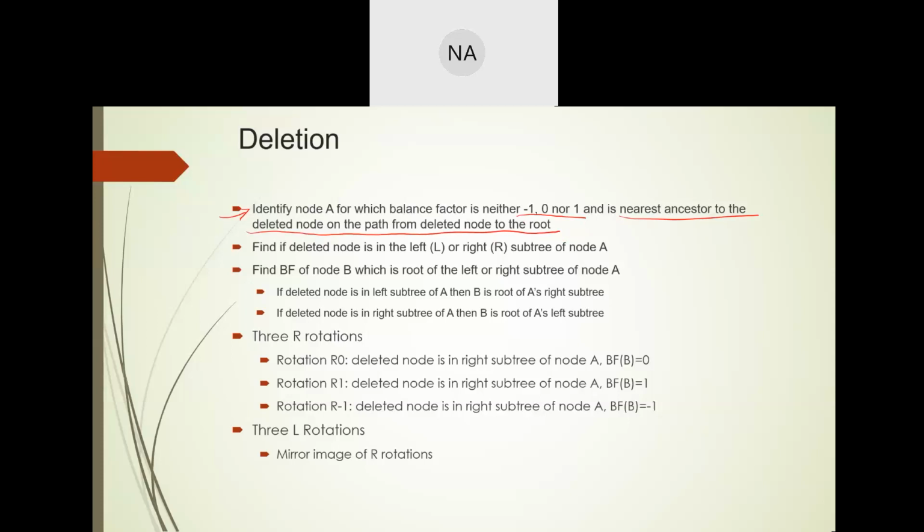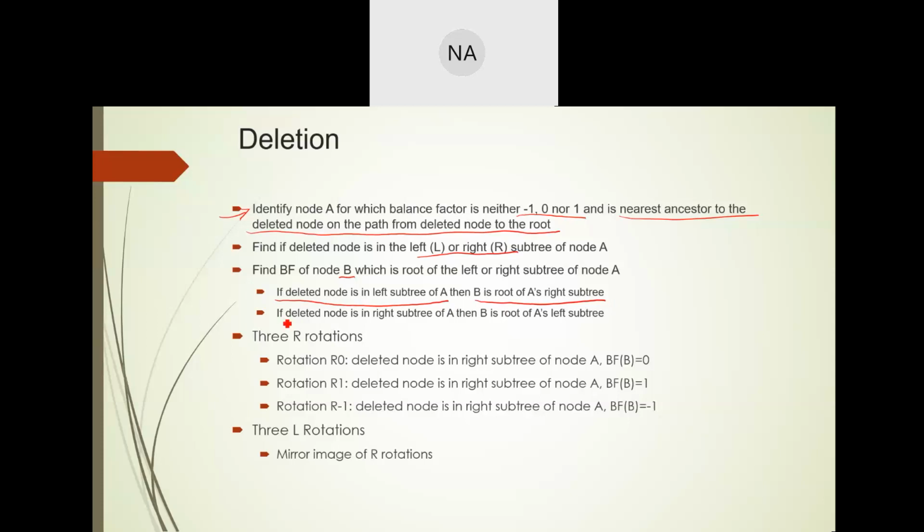Once you have identified node A, you identify if the deleted node is in the left or right subtree of node A. Then you find the balance factor of node B. And what is node B? Node B is the root of either the left or right subtree of node A. If the deleted node is in the left subtree of A, then node B is the root of node A's right subtree.